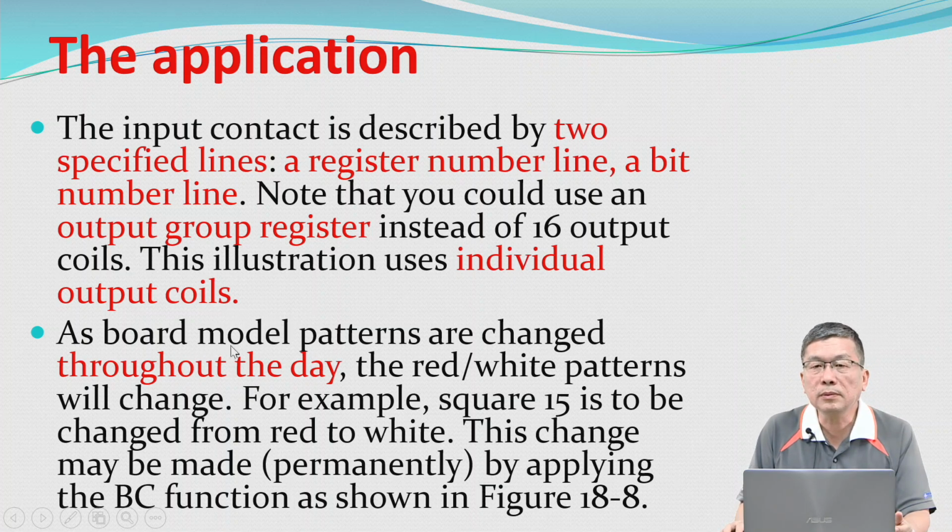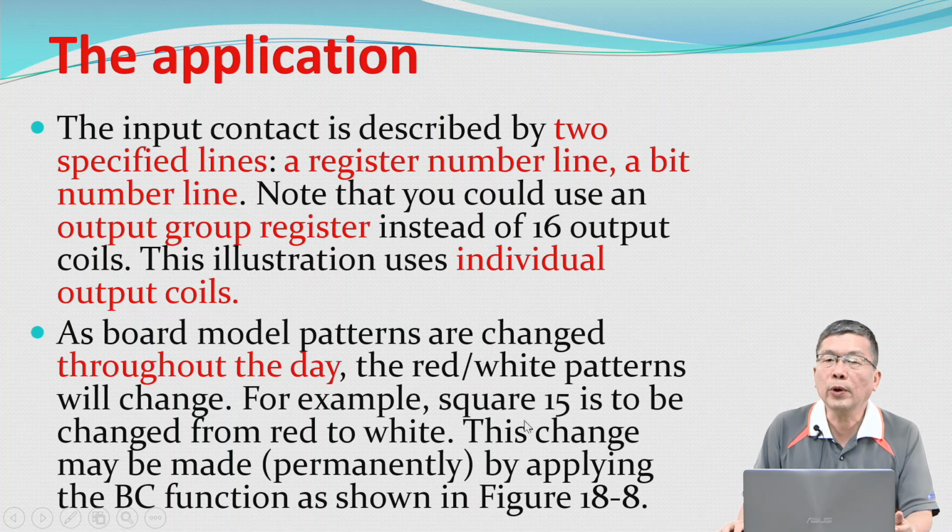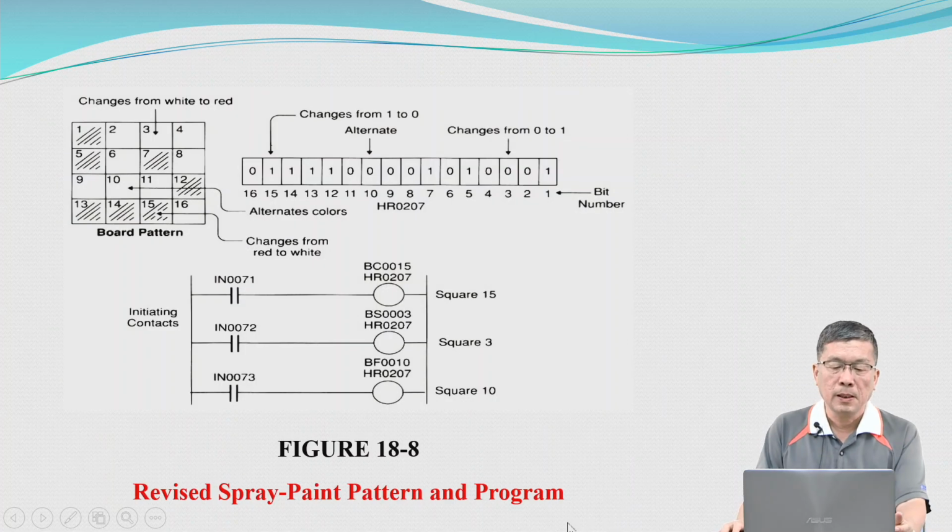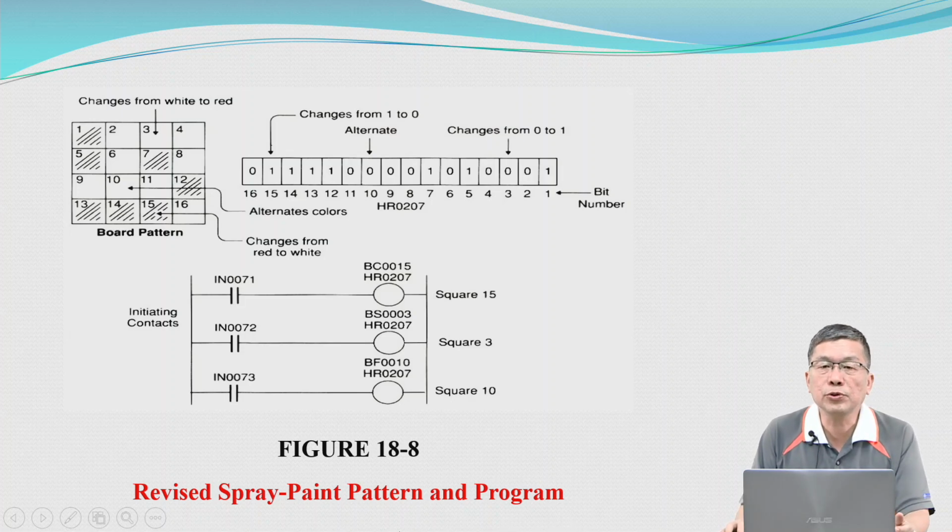As the model patterns are changed throughout the day, the red or white patterns will change. For example, square 15 is to be changed from red to white. This change may be made permanently by applying the BC function as shown in figure 18.8. This picture shows revised spray paint patterns and program.